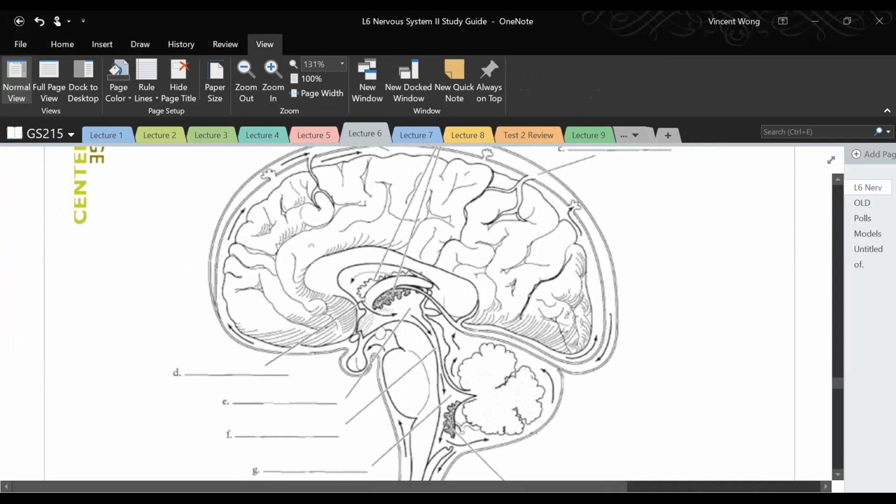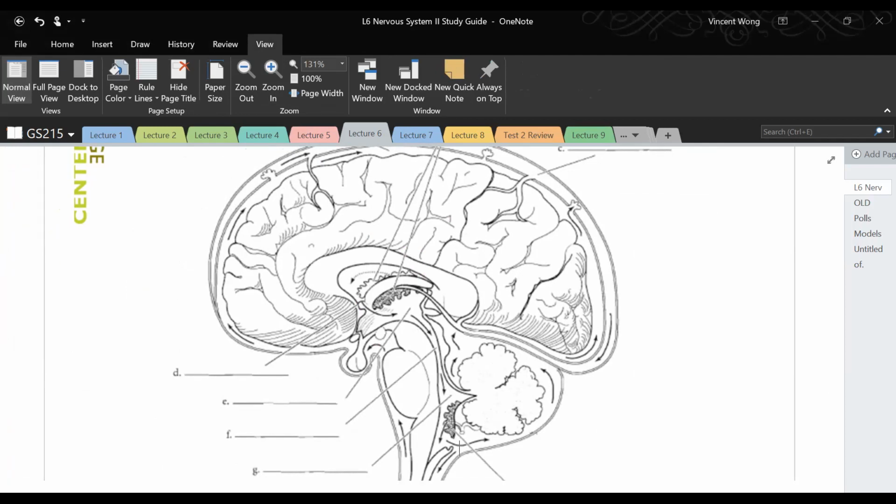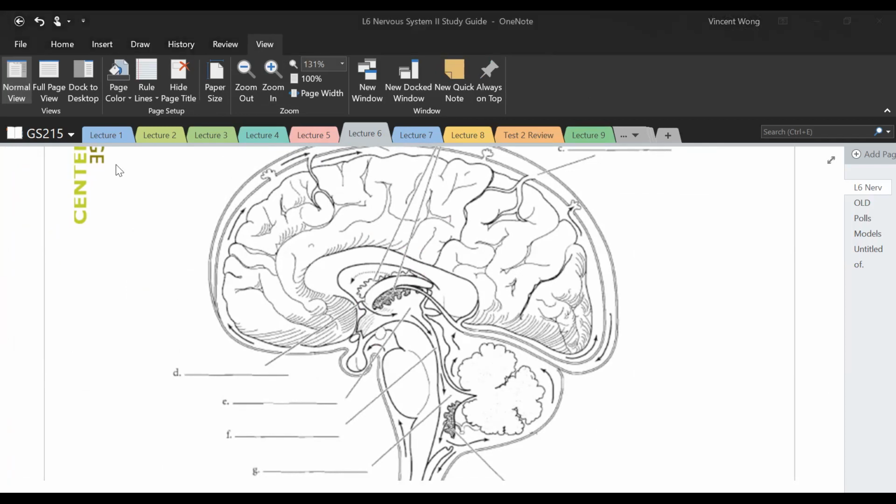Let me pull up the PowerPoint here to quickly show you where the ventricles are. Give me a second. One second, guys. Okay, got it.